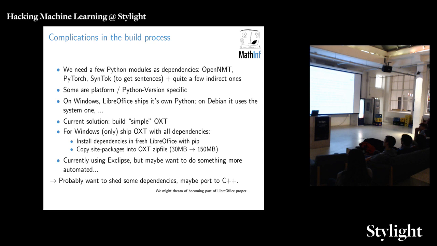So for Linux users, I just ship the OXT, and they need to use pip to install their dependencies. But for Windows users, who are the majority there, I just install those myself with pip, and then I copy the whole directory of site-packages into my extension, which makes it 3 times faster.